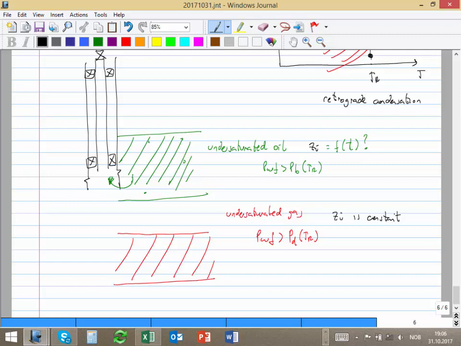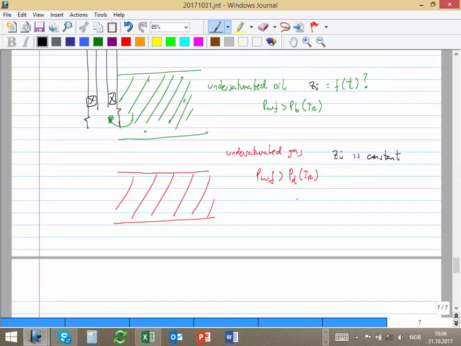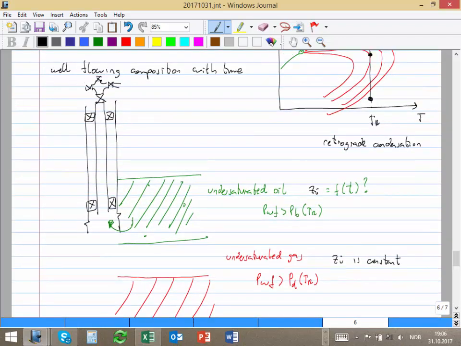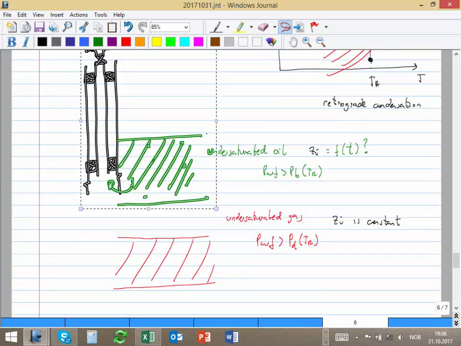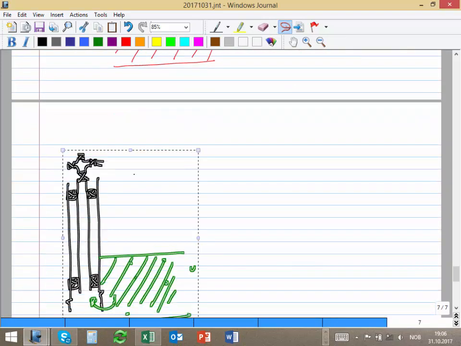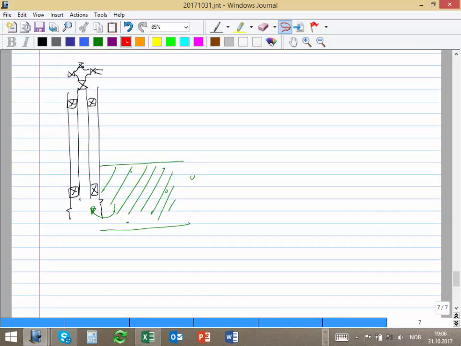Okay. Now I ask you, what happens if we have saturated oil? I'm going to copy the same diagram. With saturated oil, because the pressure goes down close to the wellbore, I start having some small bubbles of gas.